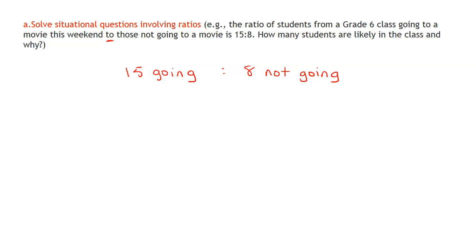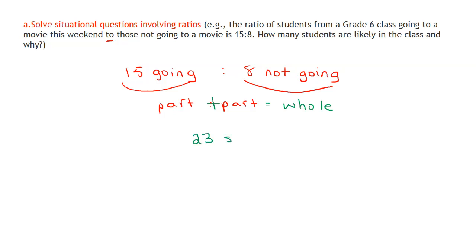Well, how do we figure that out? Well, they've given us a part, the part that are going, and they've given us the part that are not going. So when you have a part to part ratio, you can add those two parts to get the whole. So 15 and 8 is 23.